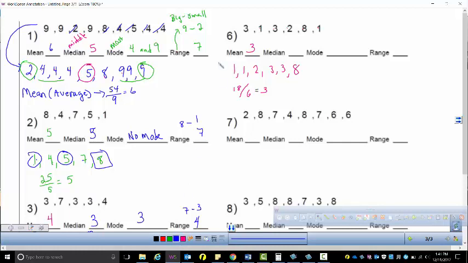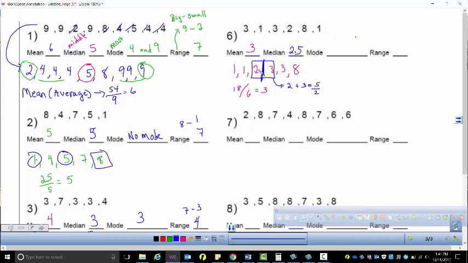Now the median, if you try like we did, we have 1, 2, 1, 2, 1, 1. The median is right here. It's actually in the middle of these two. So to find the median, you need the middle of 2 and 3. So you can say, well, 2 plus 3 is 5, and I have two numbers, so if I divide that by 2, I get 2.5 is the middle.